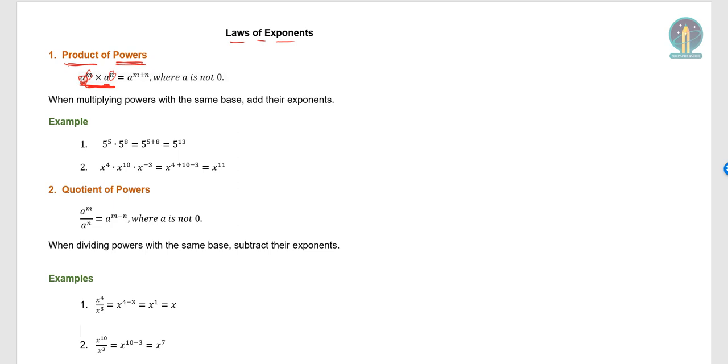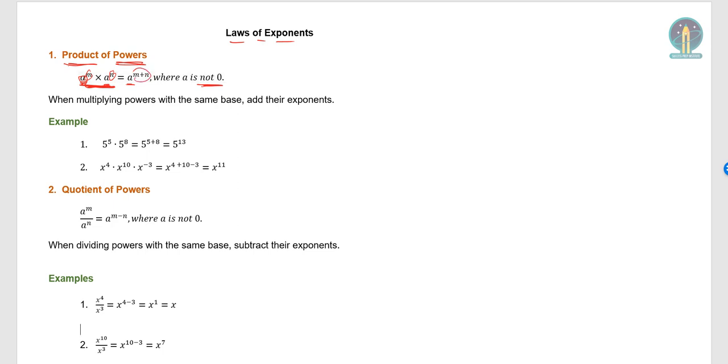So you write the base once, and then you just add the exponents. But the base has to be not equal to 0, okay? It cannot be equal to 0. If it were 0, well, this would be sort of an illegal operation, okay? So the base has to be any number besides 0.